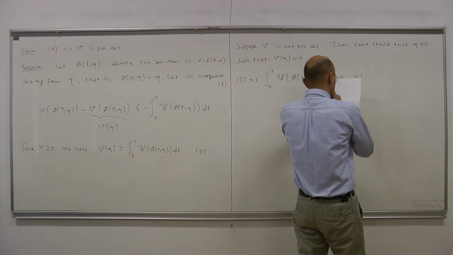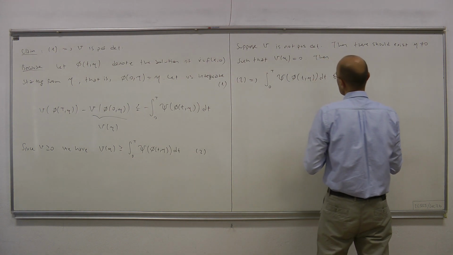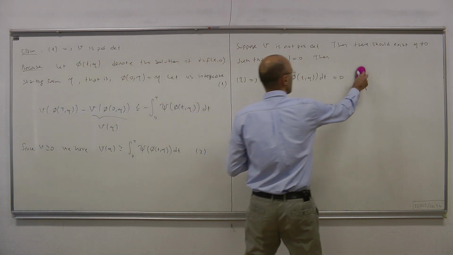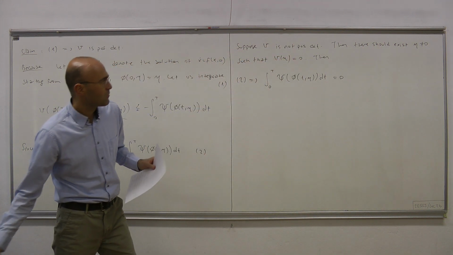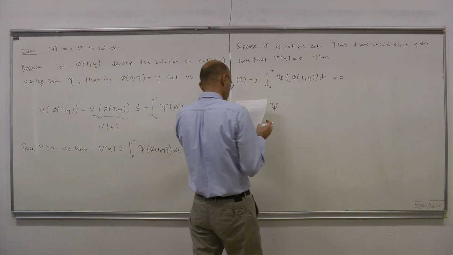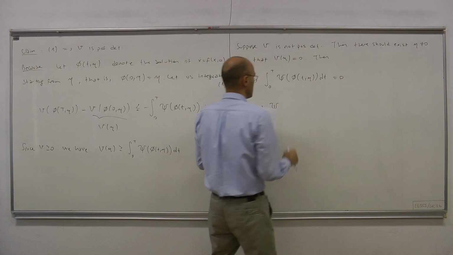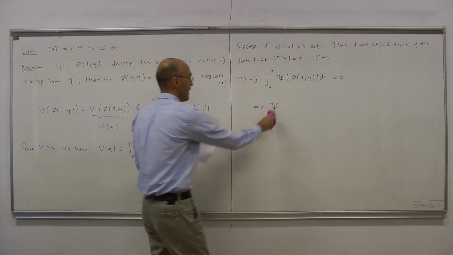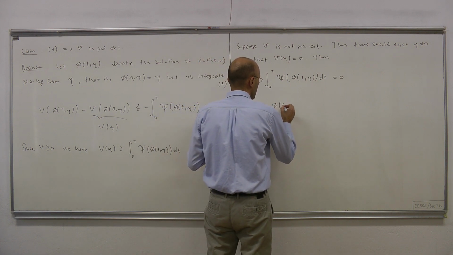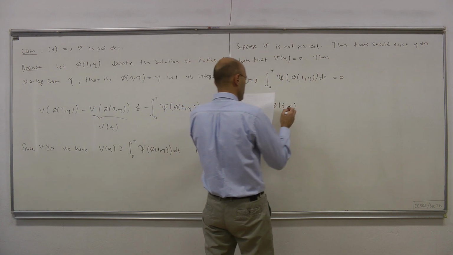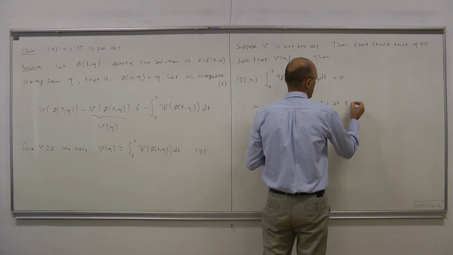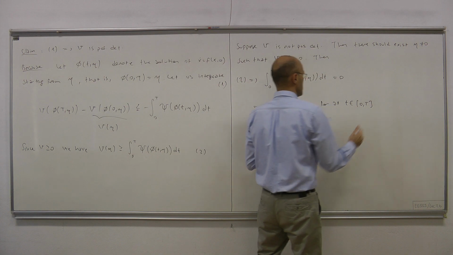So that implies what? That implies that psi of the state at t, with initial condition eta, equals 0 for all t in 0 to T. Okay?